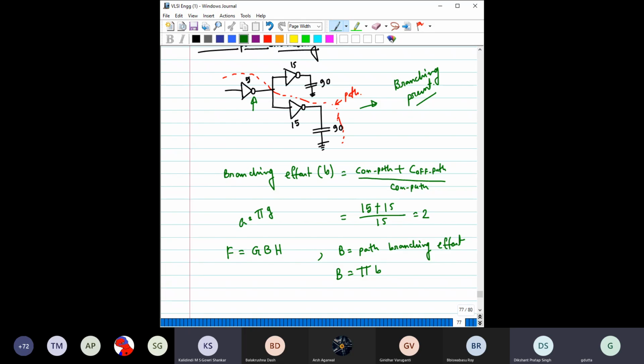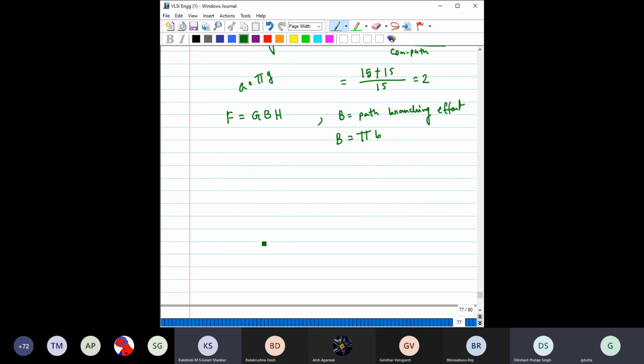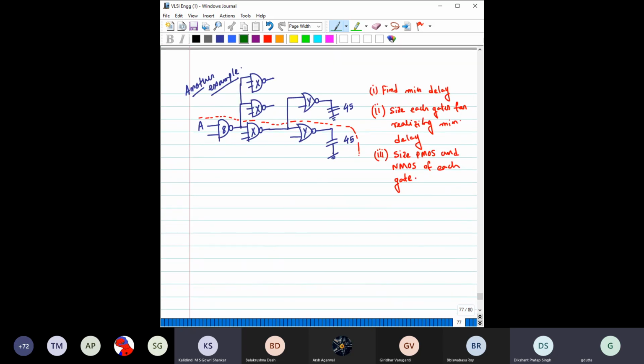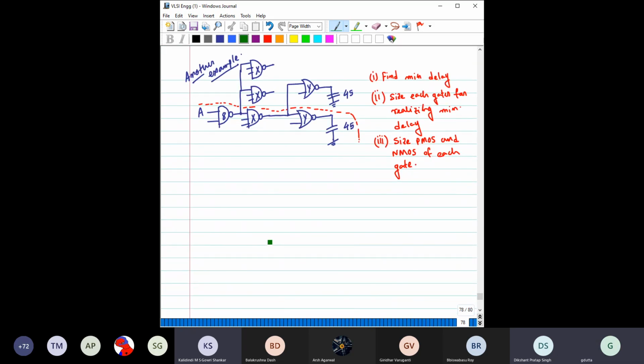Now in the following example we will have almost everything. We will have more than one path branching, and we need to find a couple of things from here. Please notice, this is the NAND gate, a two input NAND gate. This two input NAND gate is driving three input NAND gates.